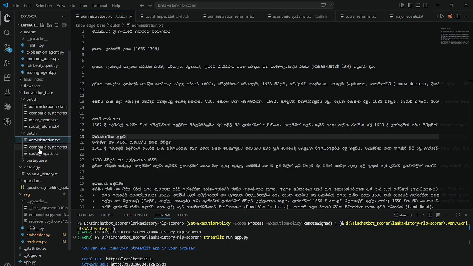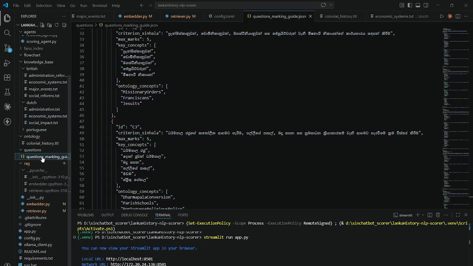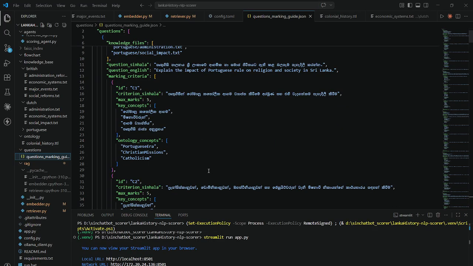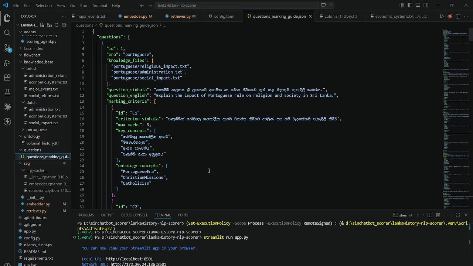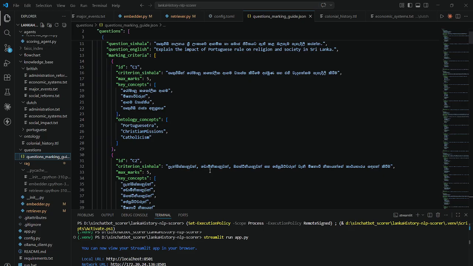For example, the Dutch economic system file contains Sinhala historical content about the cinnamon trade, VOC, Tombu records, taxation, and long-term economic impacts. The question file contains five predefined Sinhala questions. Each question has four marking criteria, with each criterion worth 5 marks, giving a total of 20 marks.